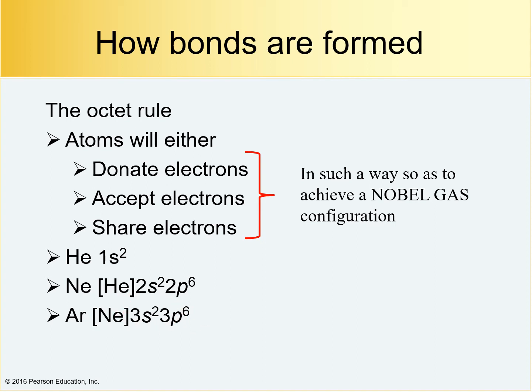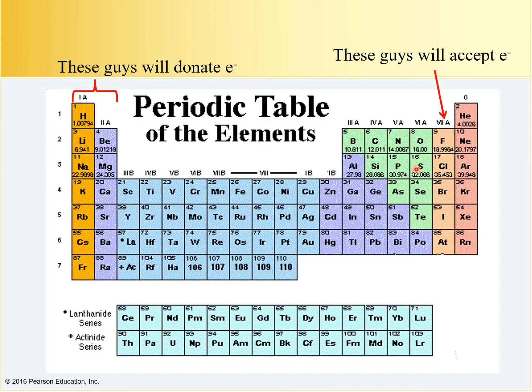So these atoms are either going to donate, accept, or share electrons in such a way that they get to be like a noble gas in terms of their electronic configuration, and whether they donate, accept, or share is going to depend on where they're located in the periodic table. So if we go back to our periodic table and consider these guys over here on the right side, in group 7, this would be the halogens.